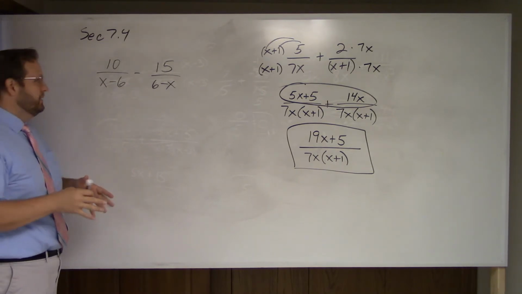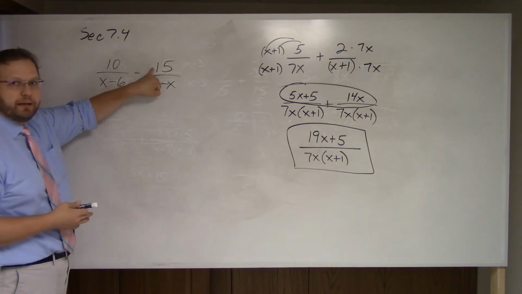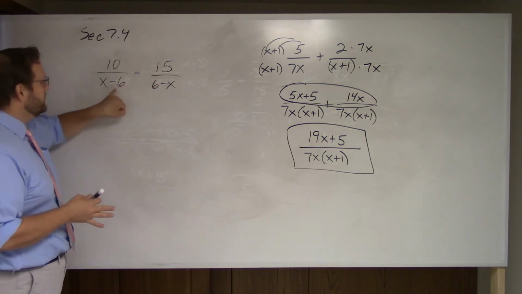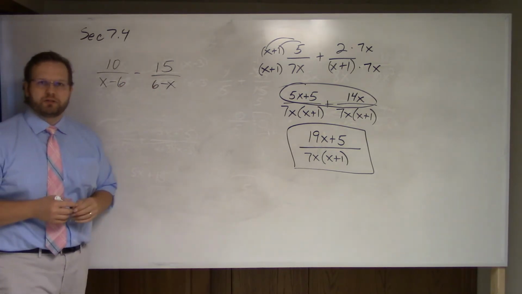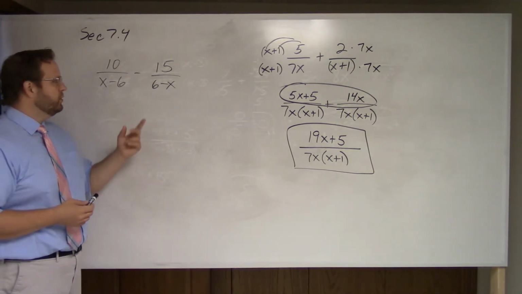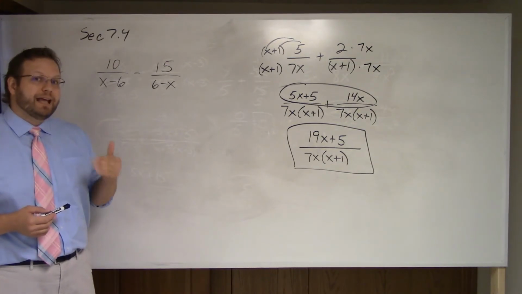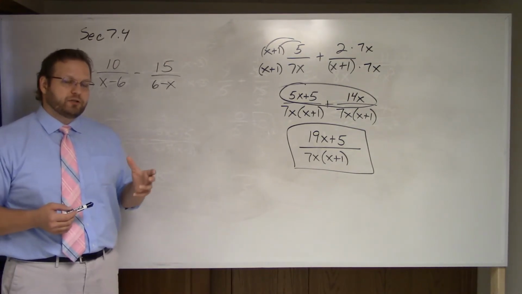Normally I say, make a routine out of it, or a habit out of it, put the negative on the top. However, look at those denominators for a second. They don't match. But we saw an example like this in the last section, where we can make them match if we factor out a negative. The negative is what makes the match.